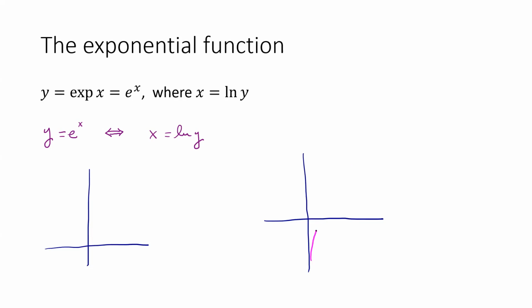We know it has this shape here. And so the function e to the x will look more like this. And we notice it has that sort of symmetry that we expect to see when we have inverse functions. They're both symmetric with respect to the line y equals x.